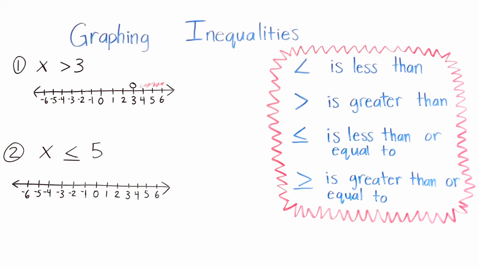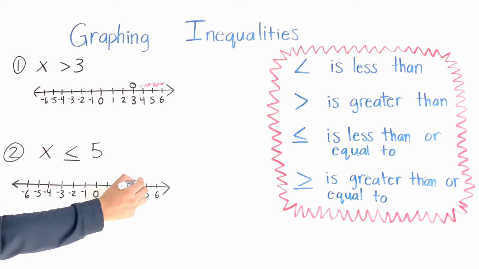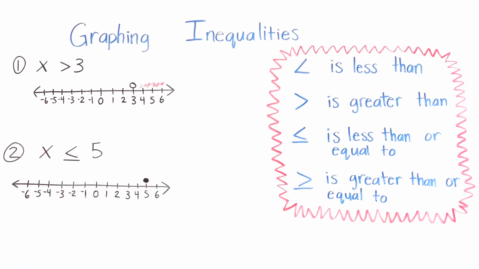Now, for number 2, we have x is less than or equal to positive 5. So once again, we start at 5. But do we put an open circle or closed circle? On this one, we have to put a closed circle, because we have the equal to, meaning that we keep 5: 5 is less than or equal to 5.